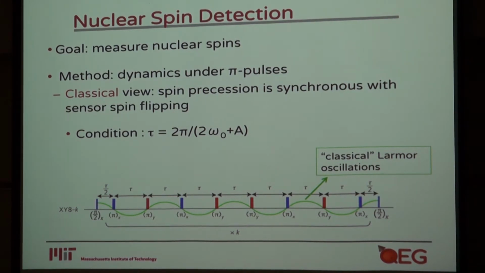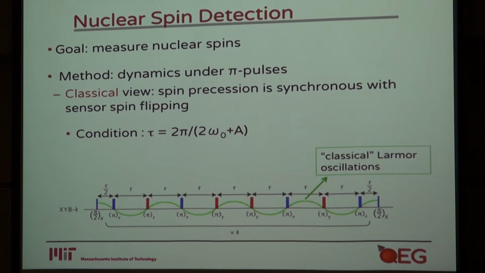And so if you apply some of these dynamical decoupling sequences with pi pulses, you will be sensitive to the nuclear spin, which precesses at the correct frequency. And so in this way, you just have this oscillating field that you pick up the signal coming from this Larmor precession.